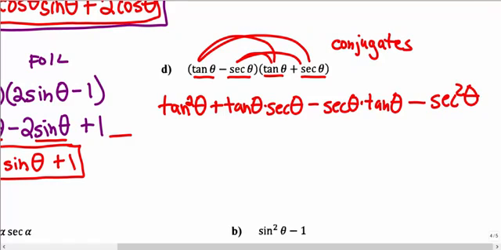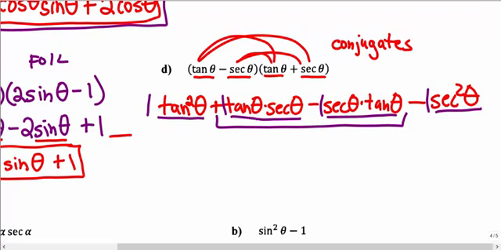Now we want to combine like terms, and we look past the numbers, and of course all of these have implied ones for the numbers out front. When we look past the numbers to see if we can combine any like terms, we see that the middle two terms both have tangent theta times secant theta. And so these are like terms, and we can combine them, and we combine the numbers out front.